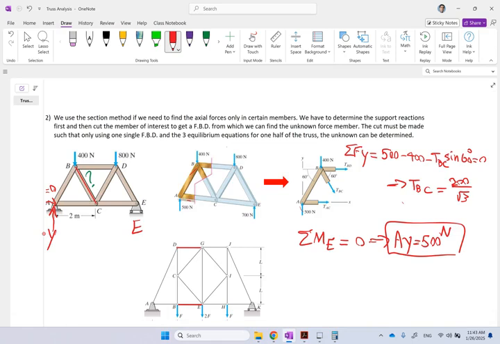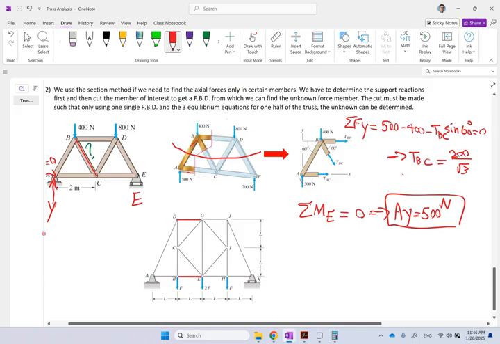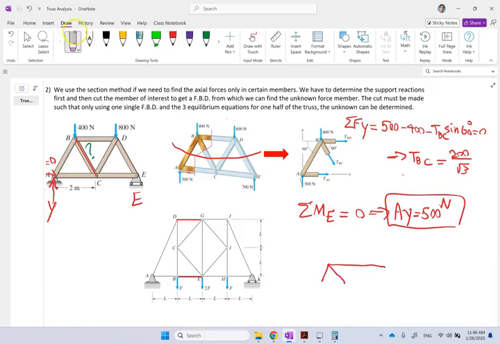Now you might say, what if I cut it like this? If I do that, then I will be getting something like this. Look. So I have one reaction here, and then another reaction here, and then another reaction here, correct?